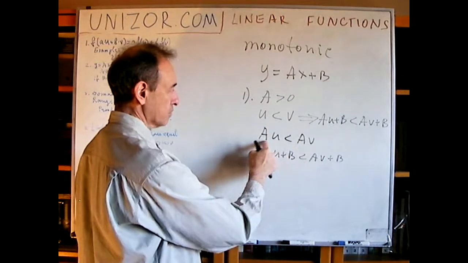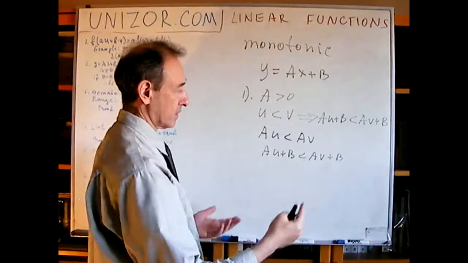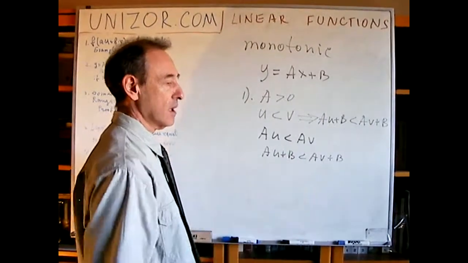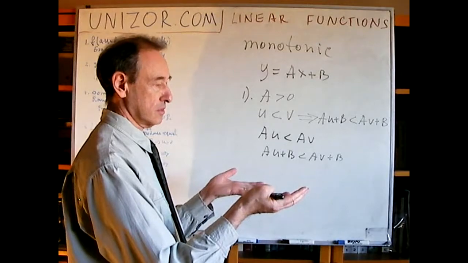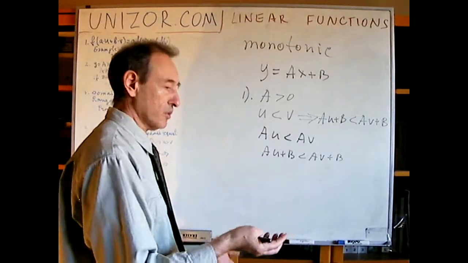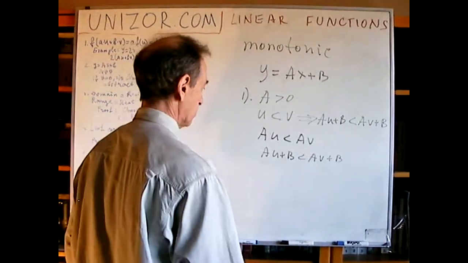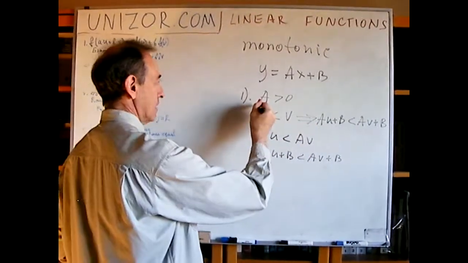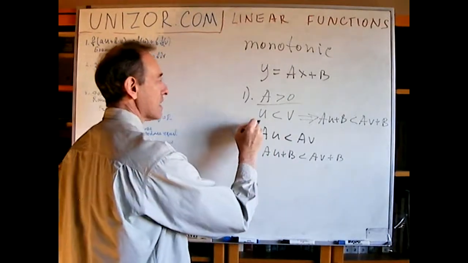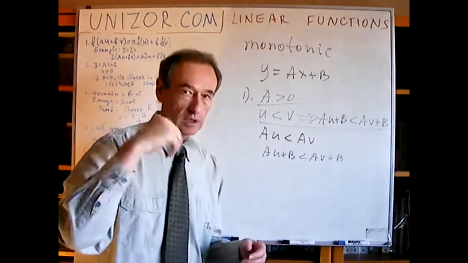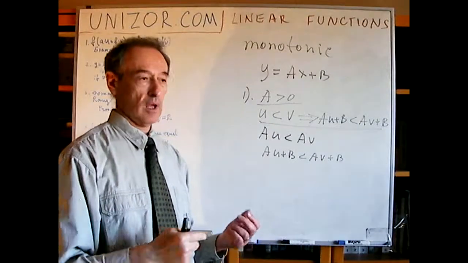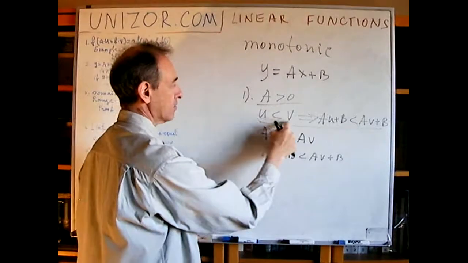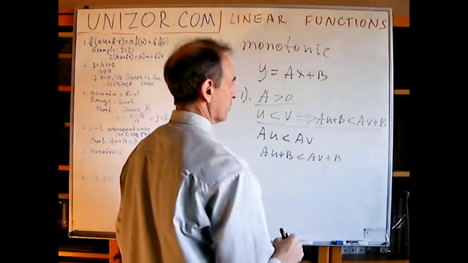The result also would be smaller, and then we add some number. It doesn't really matter, by the way, whether positive or negative. If one number is smaller than another, we add the same value to both of them, the result will also be smaller. Now, what does it mean? It means that if a is greater than 0, the function is monotonically increasing. As the argument is increasing, the function is increasing.